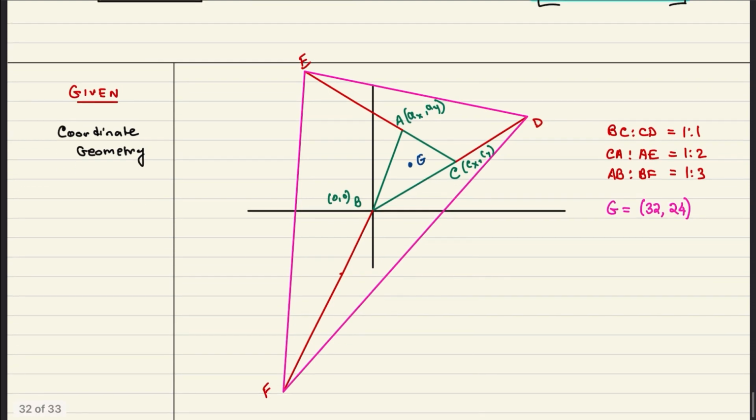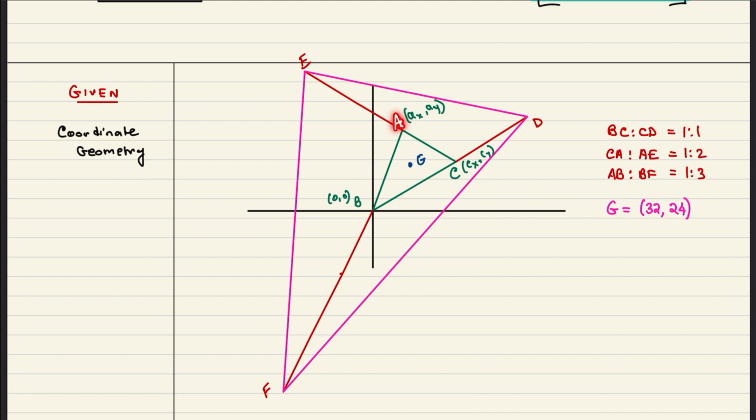So let's talk about the problem first. We have a triangle ABC with the point B located at the origin. That's given in the problem.